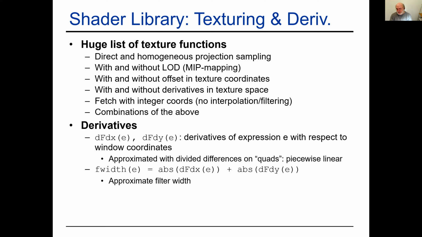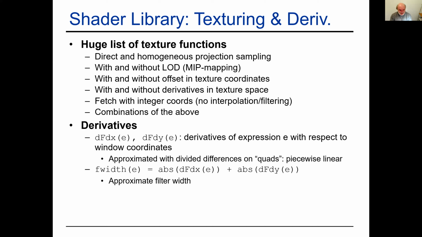You can have offsets into the texture coordinates. You can take the derivatives that I just talked about into account, which is important if, for instance, you want proper MIP mapping, in particular MIP mapping with anti-aliasing, with anisotropic filtering.